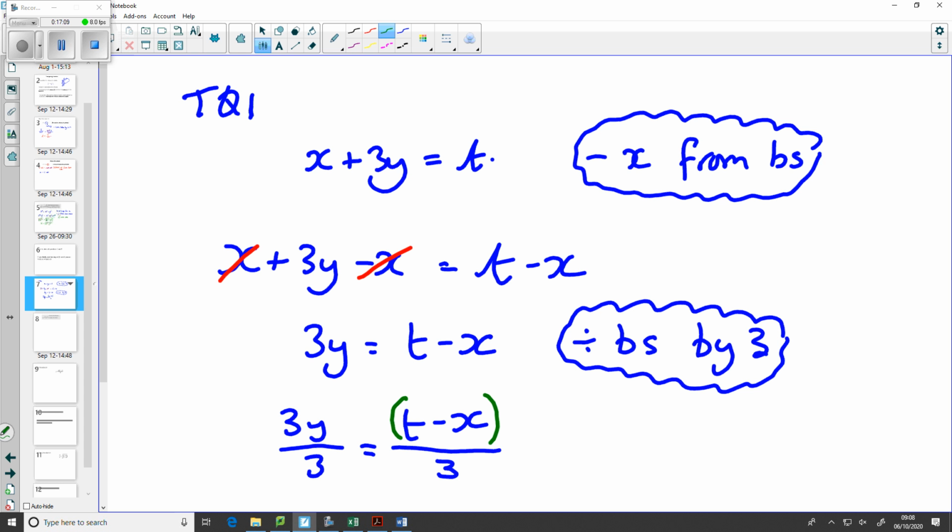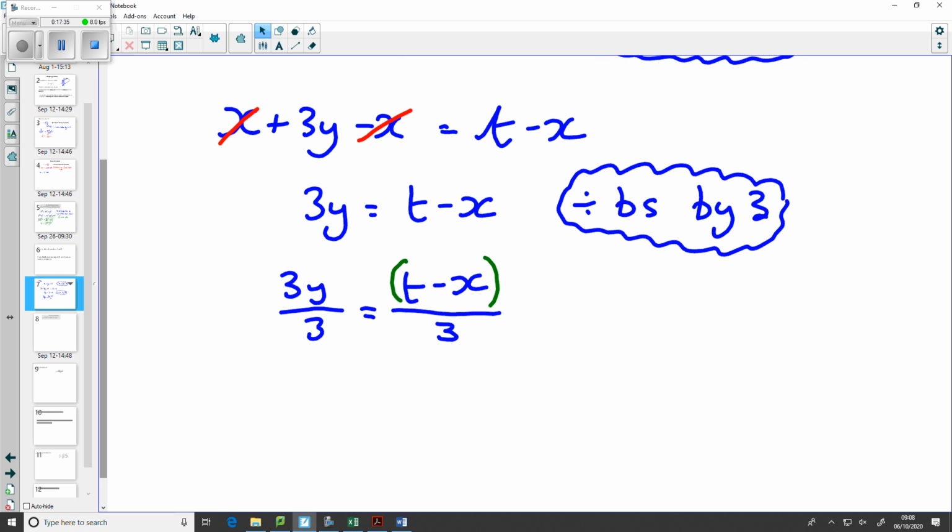If you're not using the fraction term like that, you need to put brackets around that top term and then divide it by 3. Because you must take x away from t first and then divide the result by 3. Okay, but I would recommend using the fraction button on your calculator for that.